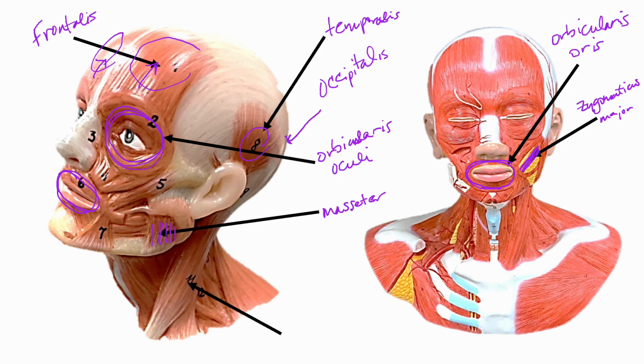Now, the last muscle that I have that's actually on the neck is number 11. So it's this long muscle that's going down from the skull across, okay? This is that sternocleidomastoid muscle, okay? So there's an attachment down here, okay, to the manubrium of the sternum.